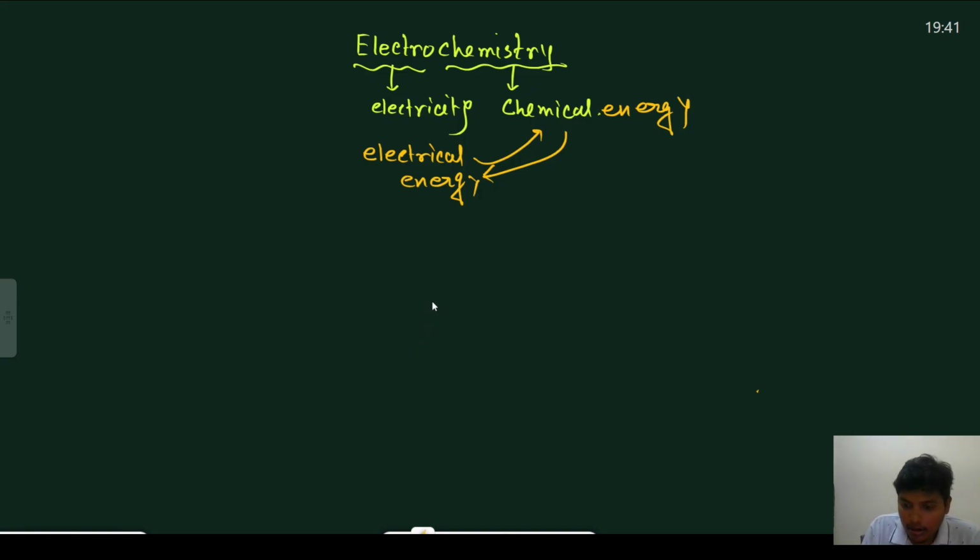Electrochemistry is a branch of chemistry. In this chapter, we will learn that by electricity we can do a chemical reaction, or by a chemical reaction we can generate electricity. So what is electrochemistry?